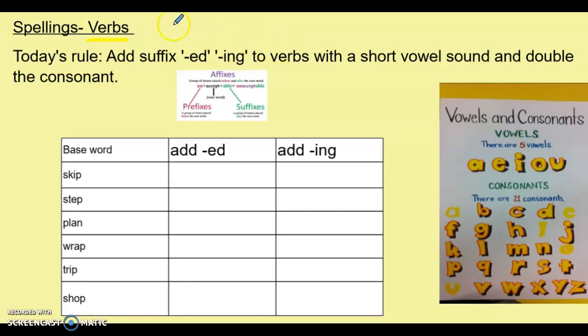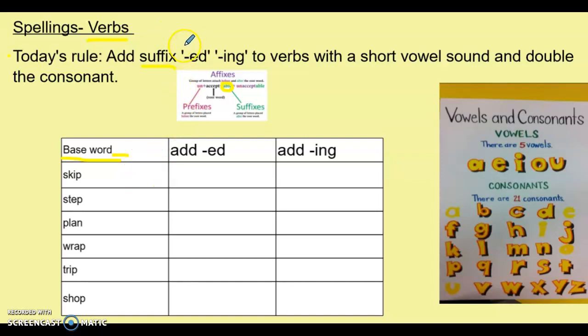So let's just unpick and tune in to today's spelling rule so that we really understand it. Here it says to add a suffix. A suffix normally goes at the end of a root word or a base word. A base word makes sense by itself, but a suffix attaches itself to the end of the base word.